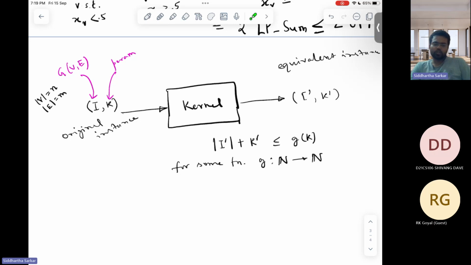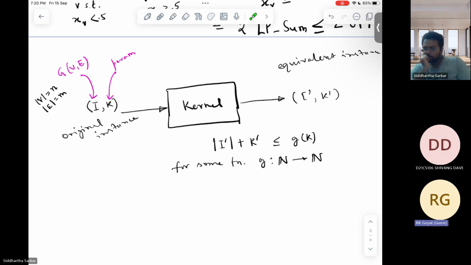If you want to view kernelization from the perspective of machine learning, convolutional neural networks and other things, I do not know whether there is a direct correspondence. I'm just focusing on the resemblance in the name: there the name is kernel, and here also the name is kernel. Probably there could be some similarity, since here too we transform an instance of the problem into some other instance of vertex cover along with some other parameter.